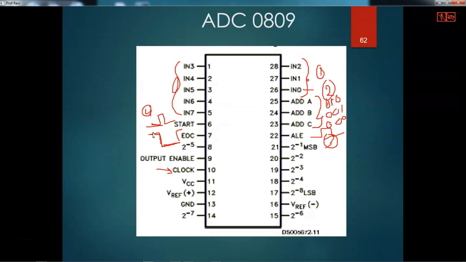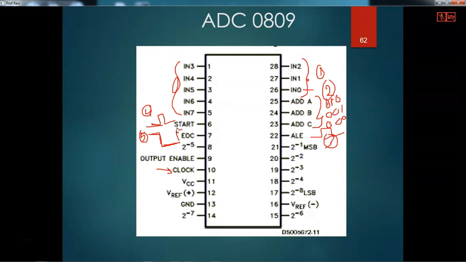So in step number 5, you need to check the end of conversion signal. If it is low, the analog to digital converter is still converting the analog bits into digital bits, so you have to wait.